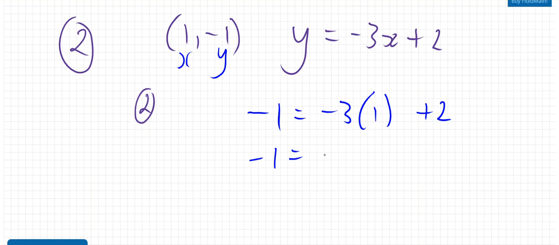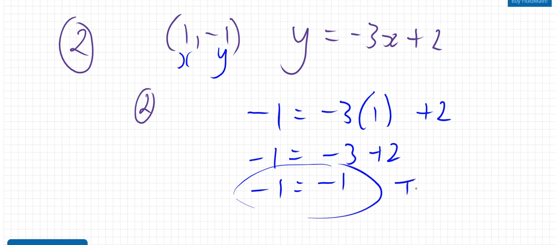Minus 3 times 1 is minus 3 plus 2, and minus 3 plus 2 is a negative 1. And I can see this statement here is actually true because minus 1 equals minus 1. So therefore, this point belongs to the straight line or to this equation because both sides are the same value. They're both negative 1. They're both equal.